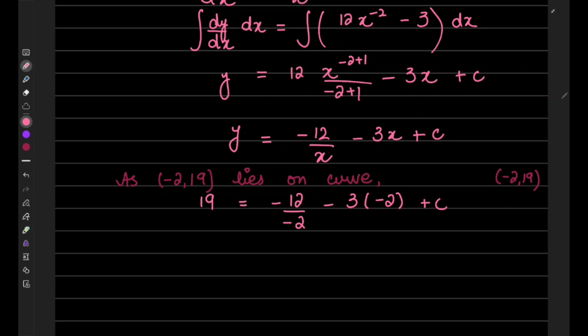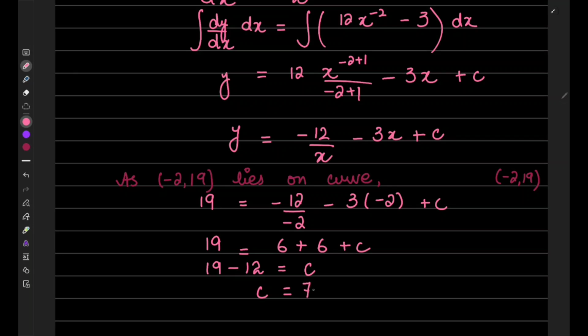Okay, so this will give you 6 plus 6 plus c. 19 minus 12 is 7. So the value of c is 7.